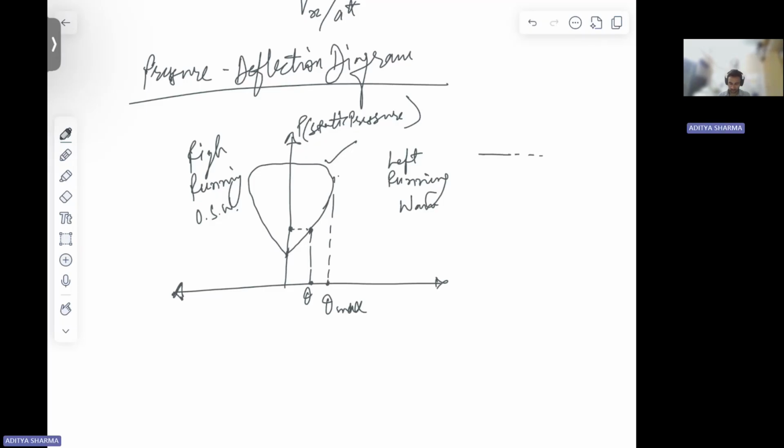By that convention, this is left running, this is right running. So this is your pressure deflection diagram.